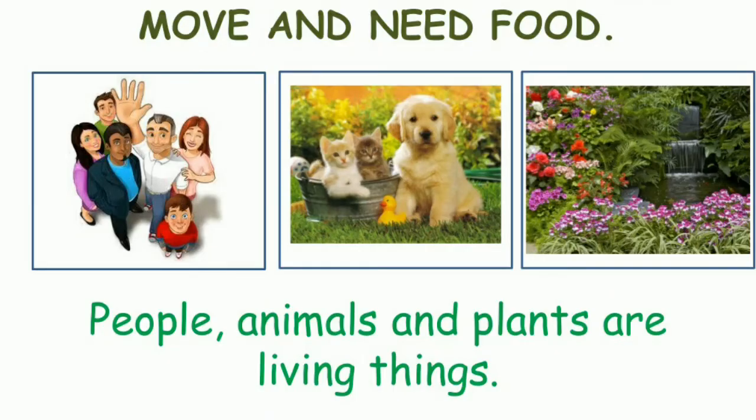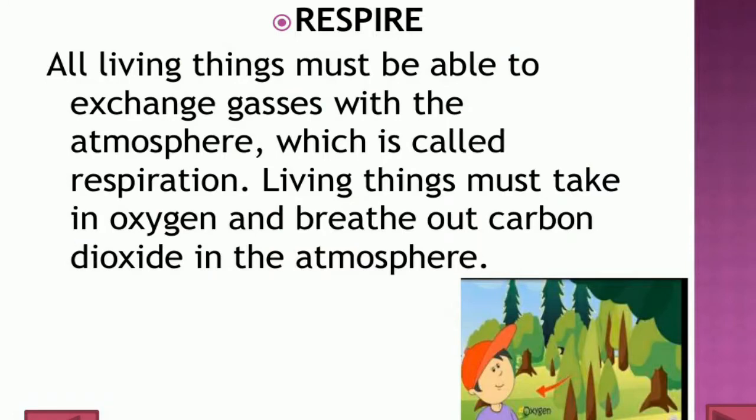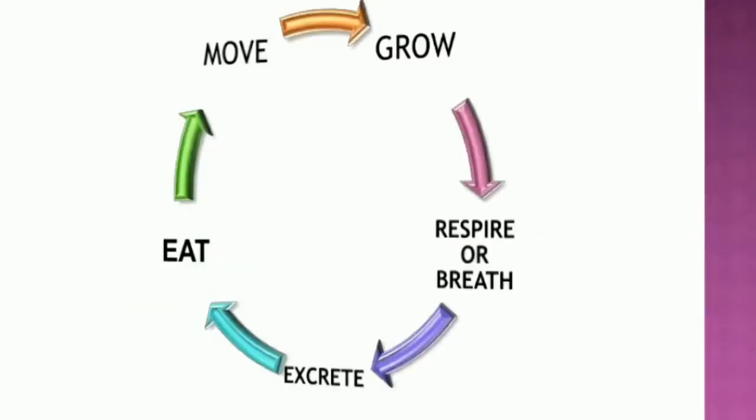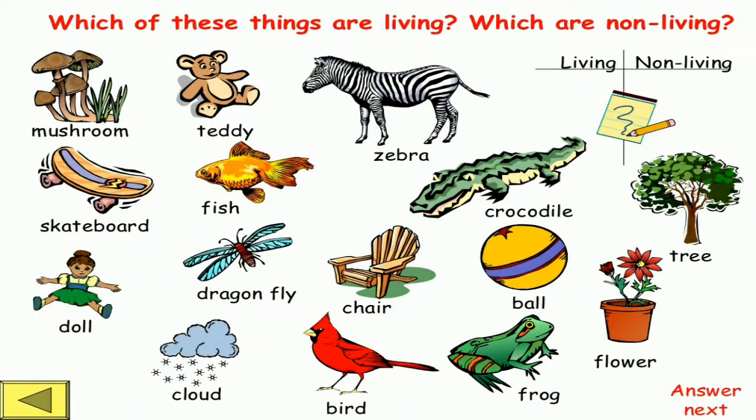Here we can see examples of living things and also the cycle of living things. Living things can grow, breathe, exhale, eat, and move. Okay, here we can see various types of living and non-living things. Here we can see an example of living and non-living things. So children, we are going to learn in our next video.